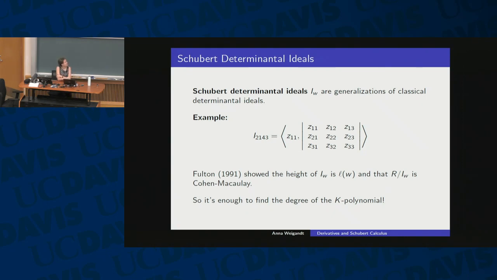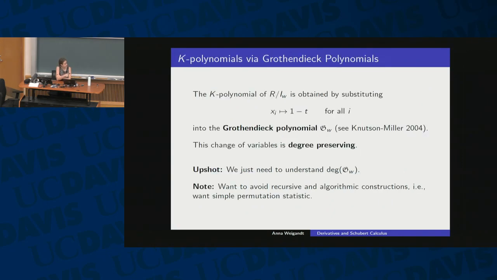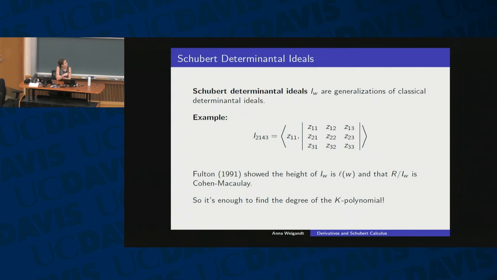So for instance, for the determinantal ideal for 2, 1, 4, 3, we have just this 1 by 1 minor here, and then this 3 by 3 minor here generating this ideal. I'm not going to give you the full recipe, but there's a very explicit combinatorial recipe to write down the generating sets of these gadgets.